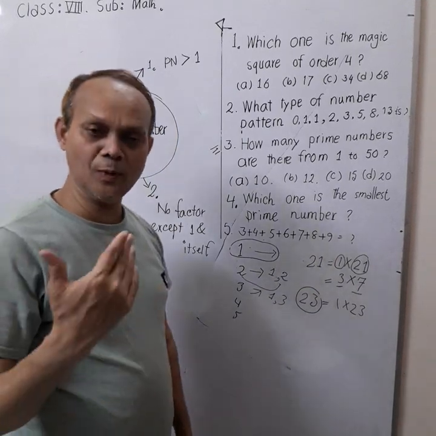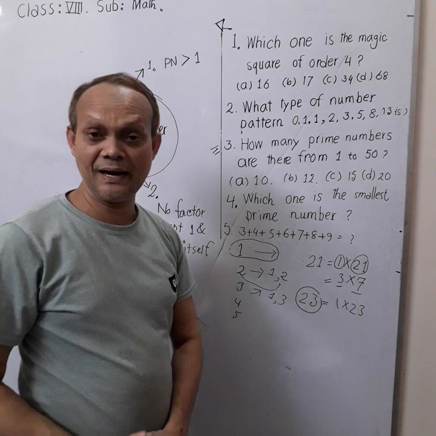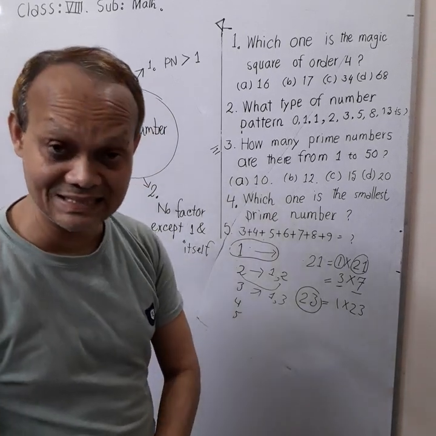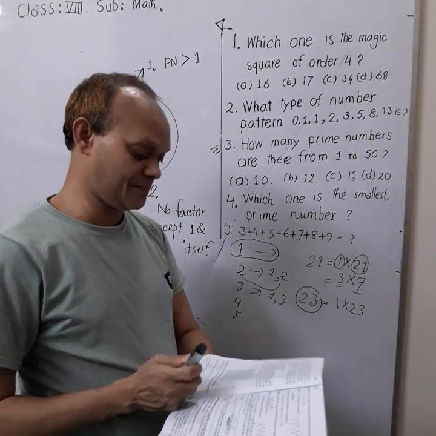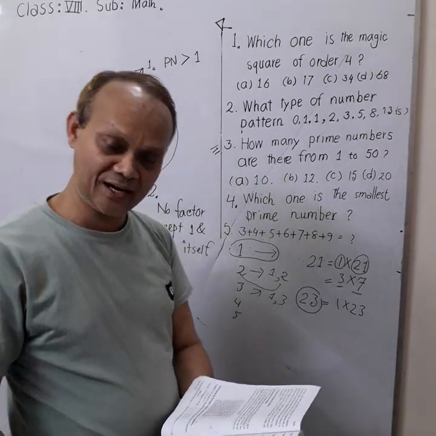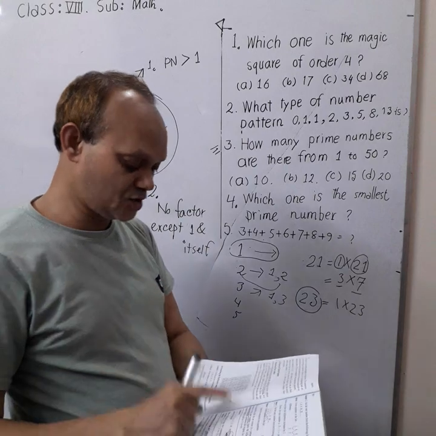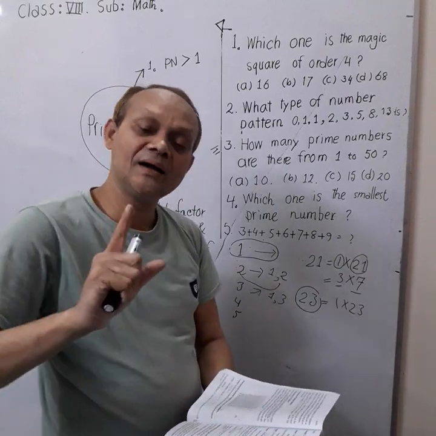If you observe the sieve of Eratosthenes, then very easily you can find the number of prime numbers from 1 to 10, 1 to 20, 1 to 50, 1 to 100.